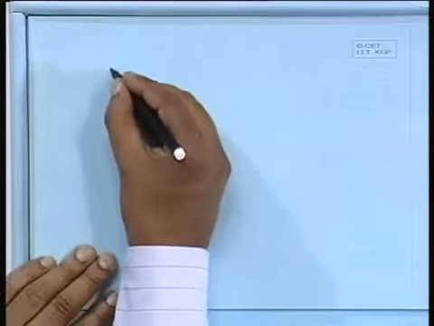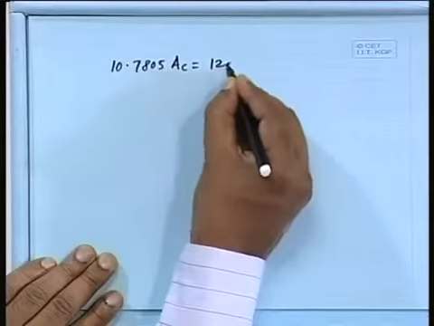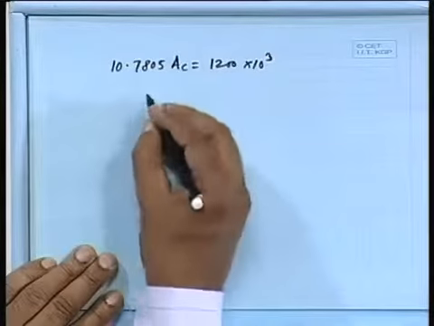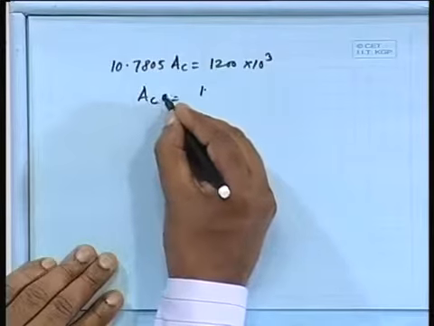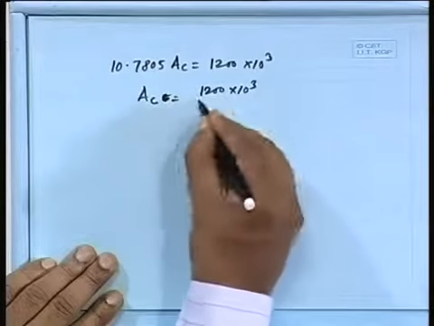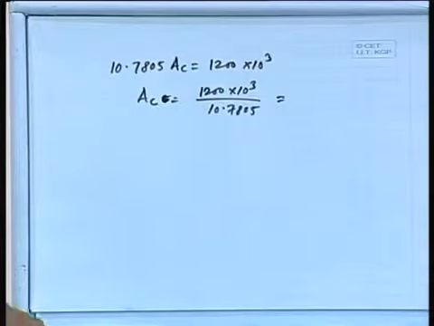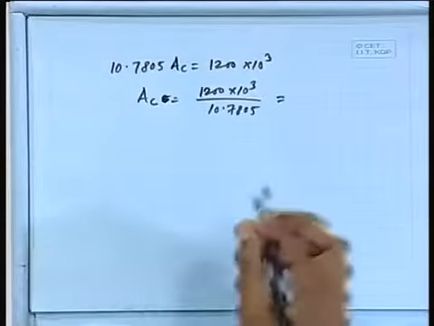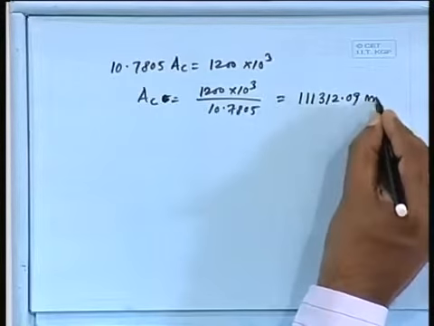Therefore AC equals 1200 into 10 to the power 3 by 10.7805, which equals 111,312.09 square millimeter.